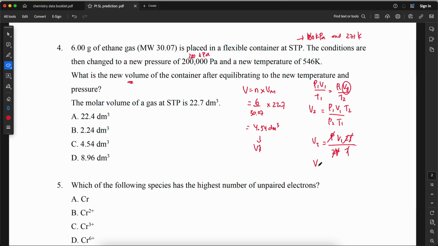So left with V2 equal to V1. So the volume remains the same or unchanged. The answer will be 4.54.